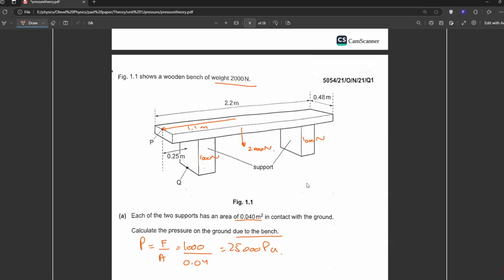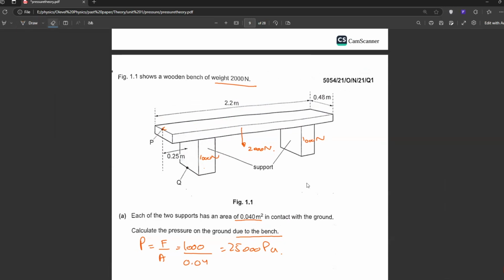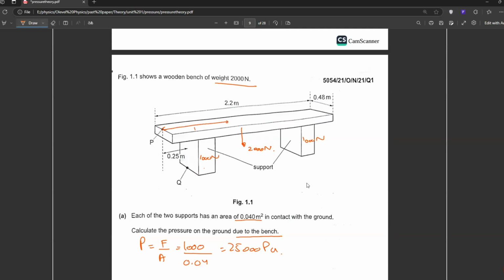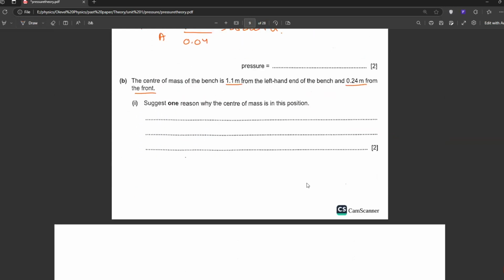Let's do this. Somewhat like this. My drawings might trouble you guys, but please bear with that. This is 1.1 meters and this is, let's say, 0.24 meters. Let's further move ahead.